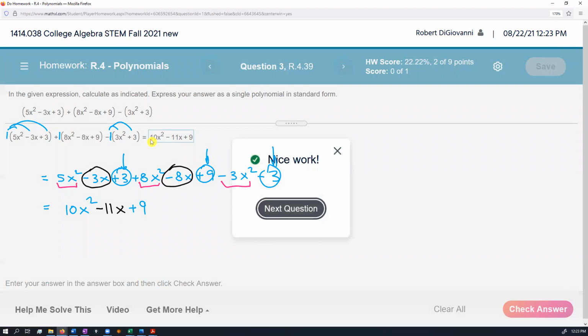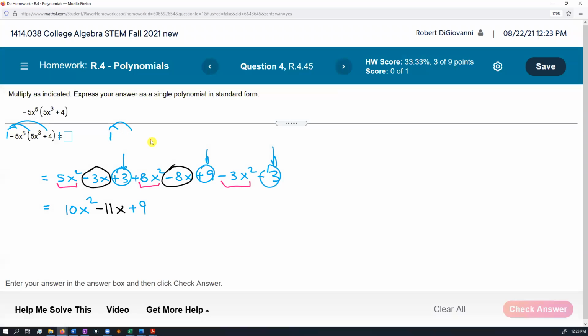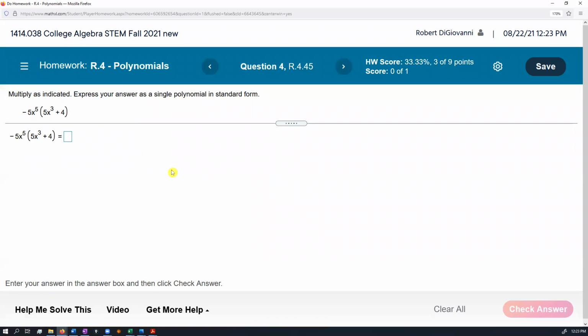Okay. All right, now same thing. I have a term out front and I need to multiply through to get rid of the parentheses. So I have to distribute here to here and here to here. When I multiply the -5 times that 5, I get -25. And then I have x to the 5th times x cubed.